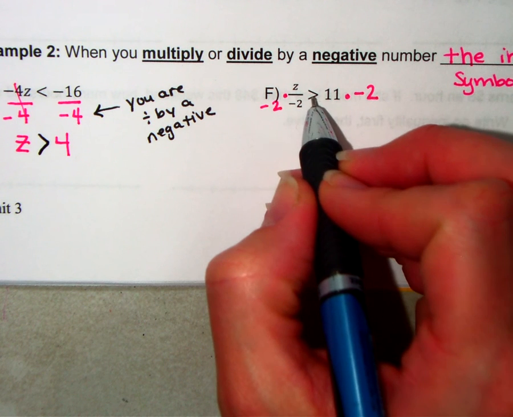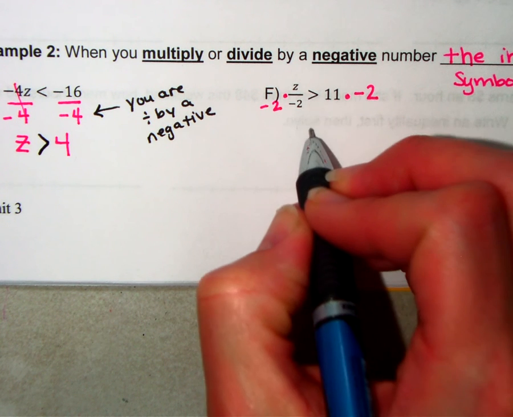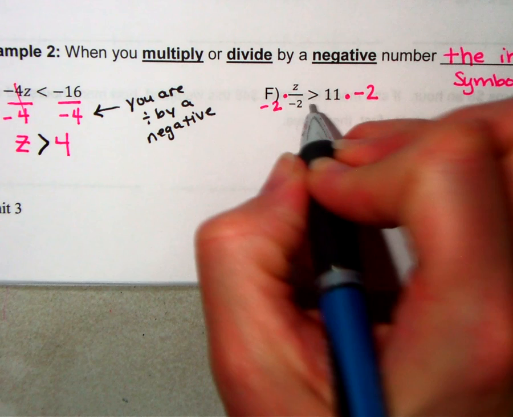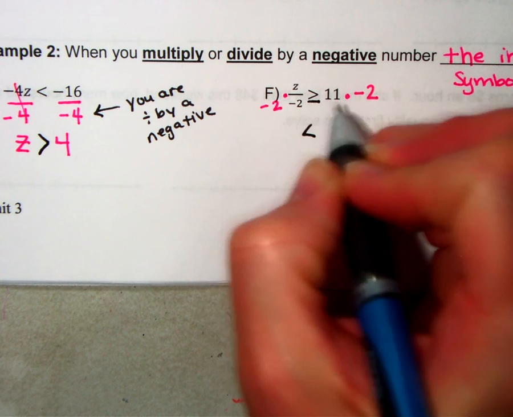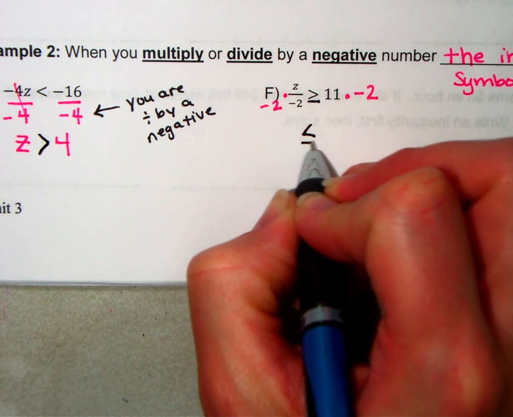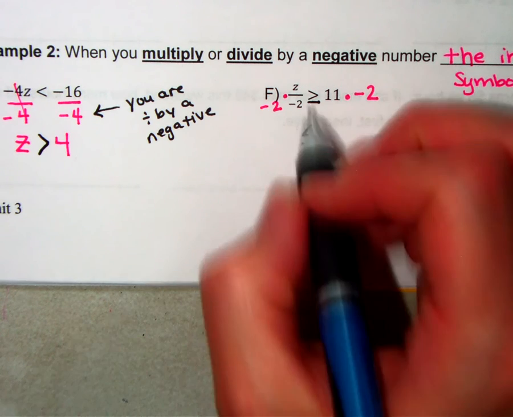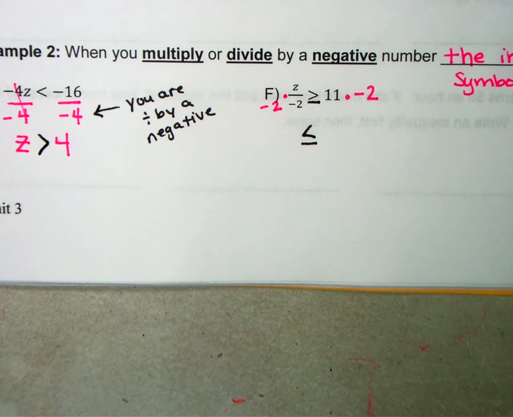So this symbol is going to change from a greater than symbol to a less than symbol. What if it had an equal to underneath? The equal to that would be underneath the original problem would still be underneath the new problem or the new answer.